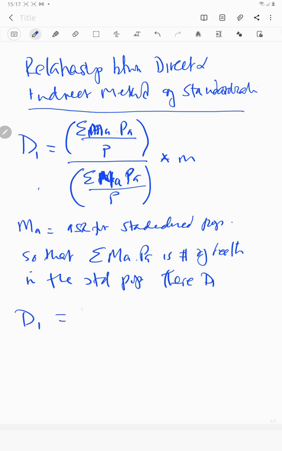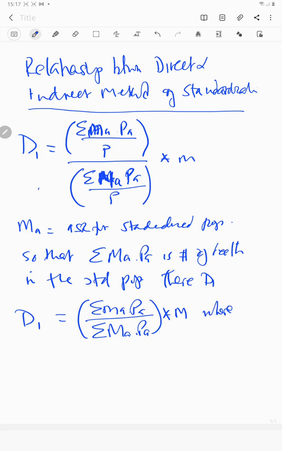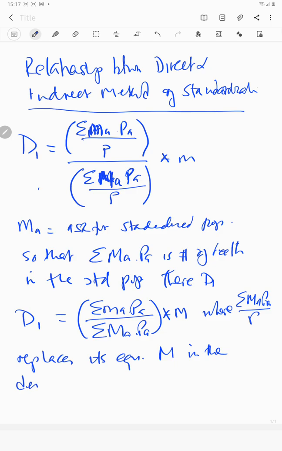D1 can be given as summation of small a PA over summation of capital A PA multiplied by M, where in this case summation of MA PA over P replaces its equivalent capital M in the denominator of equation 1, which I drew earlier on.